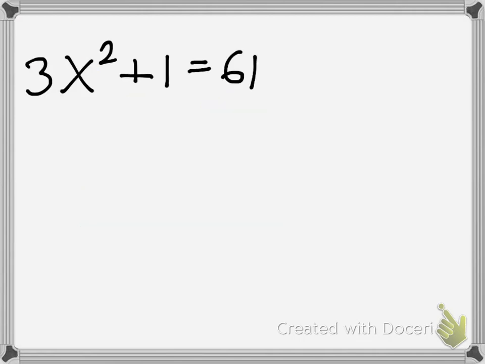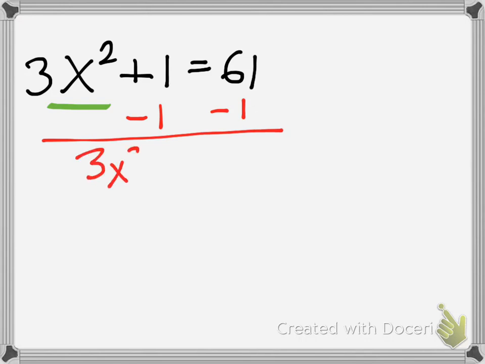Next example, a little bit tougher. 3x squared plus 1 equals 60. Step 1, let's isolate the quadratic term. Isolate the x squared. The first thing we have to deal with is the plus 1. Subtract it on both sides. 3x squared equals 60.